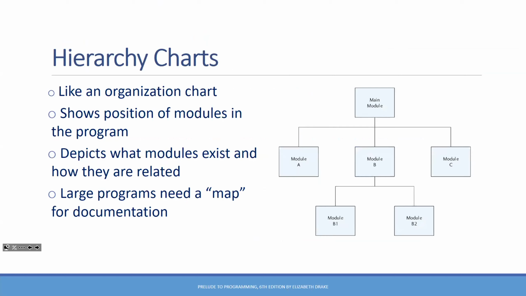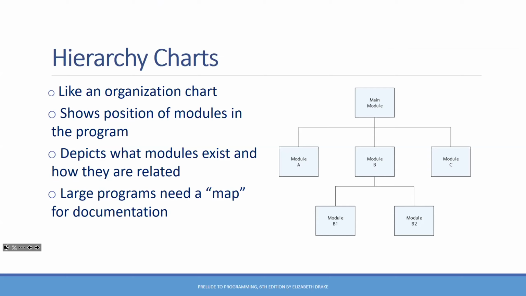So here's our hierarchy chart. This is where we needed to go. Our main module sits up at the top. A hierarchy chart is simply a diagram that shows what module calls what modules. So in this example, we have a main module that calls module A, module B, and module C. Module B calls additional modules, B1 and B2.